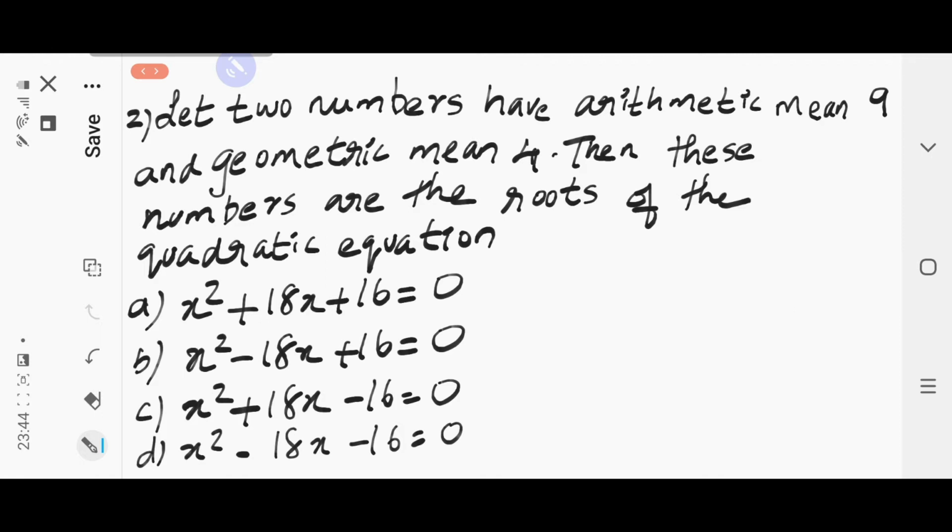Okay, how to do this question? The concept is that you take two numbers which should be the roots of these options A, B, C and D. In which of the options do these numbers become the roots of the quadratic equation? You are given the arithmetic mean as 9 and geometric mean as 4.